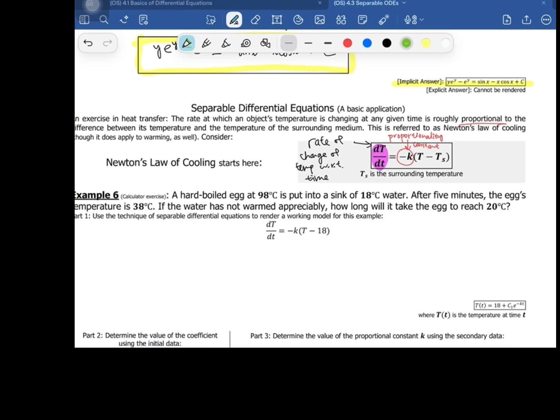We've got our T, which is the temperature of the object at any time t, lowercase t. And lastly, we have T sub s, which is the surrounding temperature, for instance, the temperature of the room.